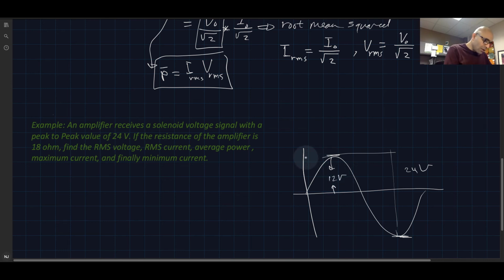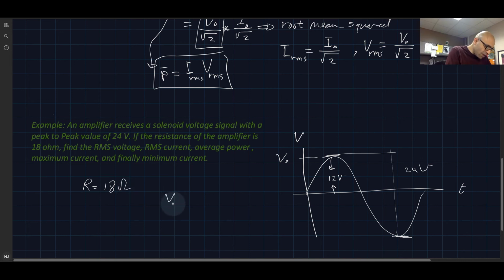You can say this is V naught, this is V, and this is T. If the resistance of the amplifier is 18 ohms, let's see what we need to find.